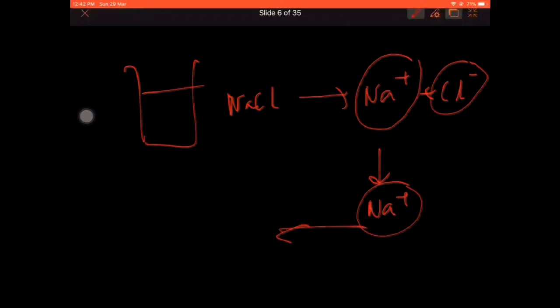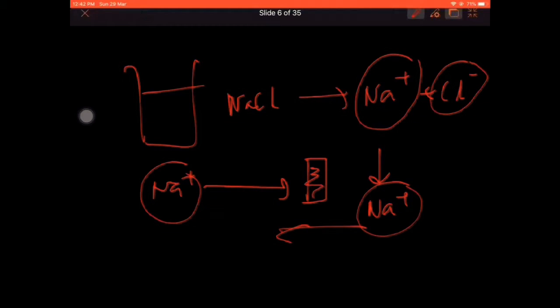This law talks about independent migration, so Na+ will move independently to its respective electrode, and Cl- will also move to its preferred electrode, as mentioned by the second statement here.